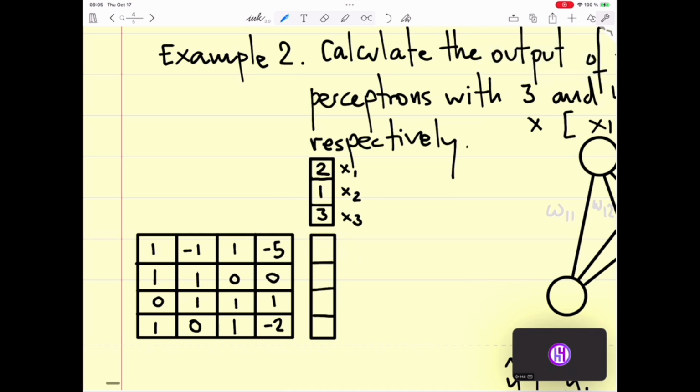So this part are the weights. It's the weight matrix, and this column is the bias.